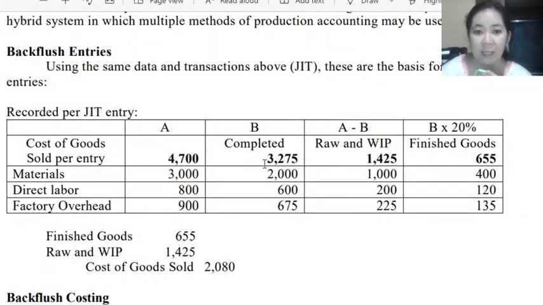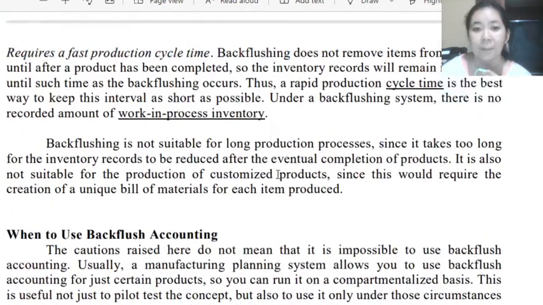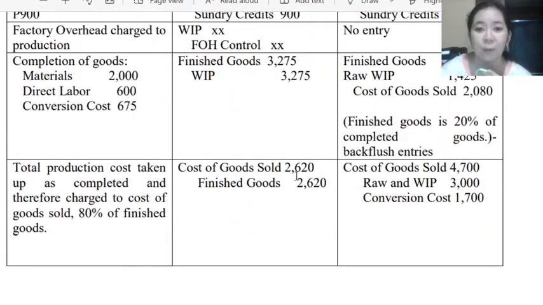Going back to the table, our completed units for cost of goods sold is 3,275, so 80% of this is 2,620. So debit cost of goods sold 2,620, credit finished goods 2,620.